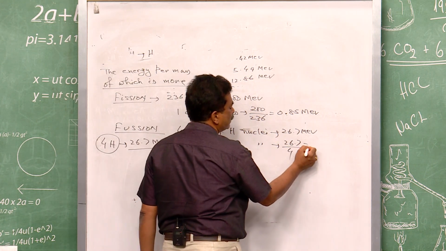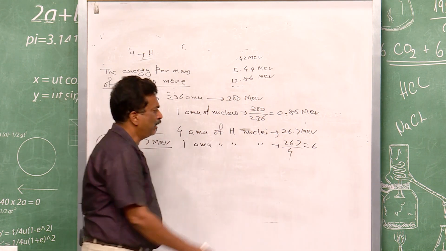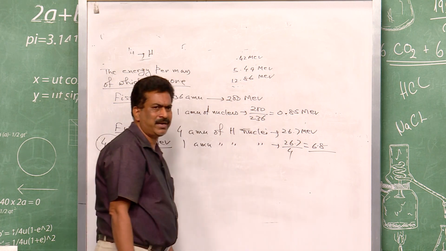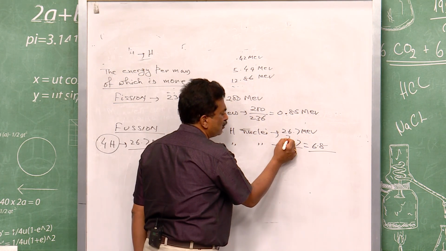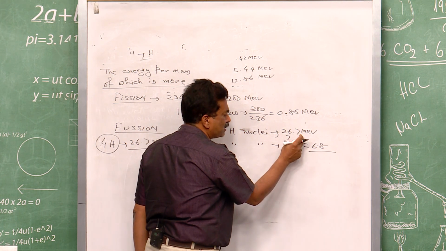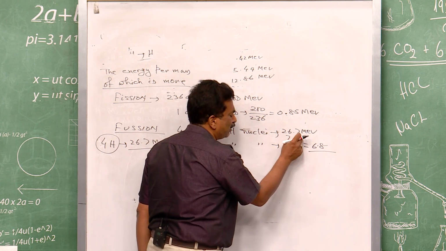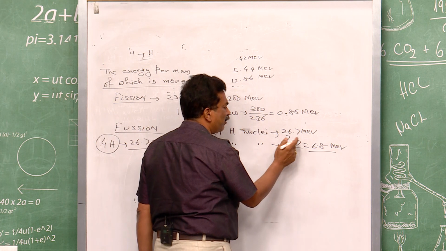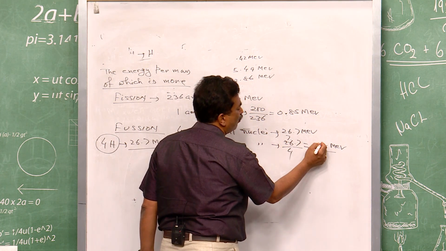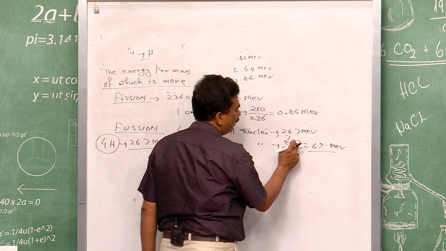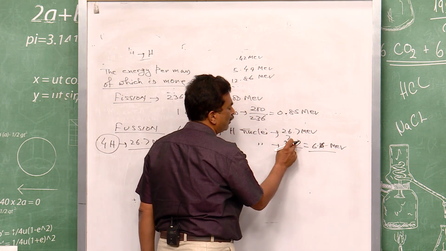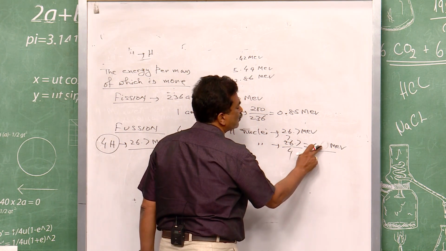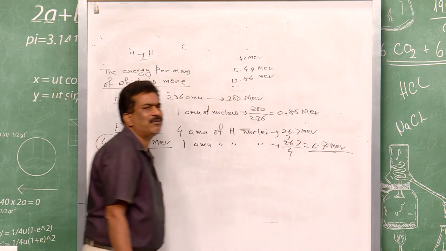So 4 times 6 is 24, then 2 with the 7, 27, divided by 4, that is approximately 6.8 MeV. 4 times 7 is 28, 4 times 6 is 24, so 0.67 is approximately 7. So 6.7 MeV.